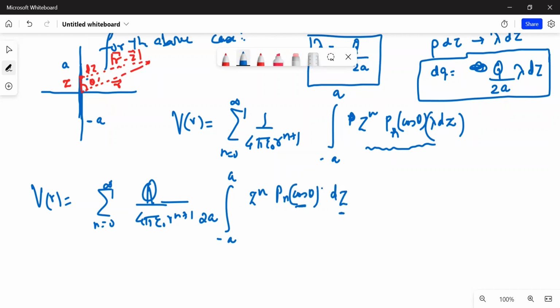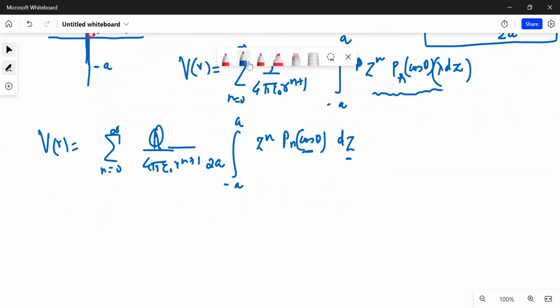Since this is theta, this is z, so z is an independent coordinate in the spherical coordinate system. You have cos theta as an independent system and z as an independent system. So you can take this because this integration is going over z. This integration is not going over cos theta. So you can conveniently take pn cos theta outside.